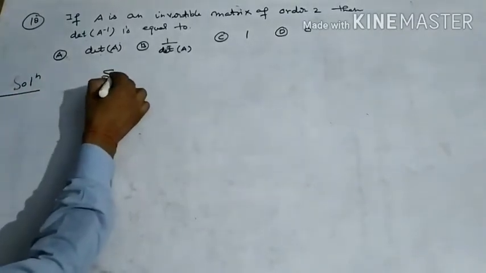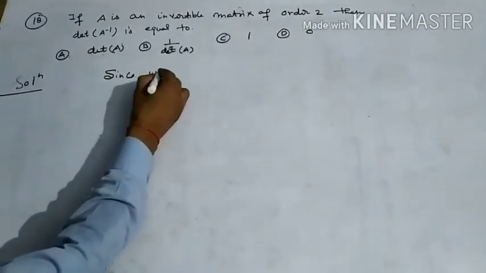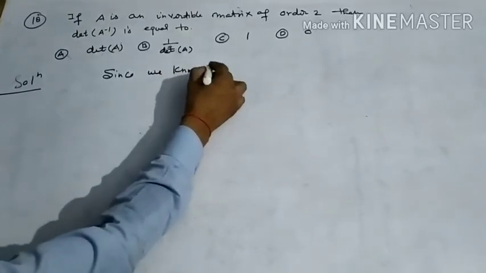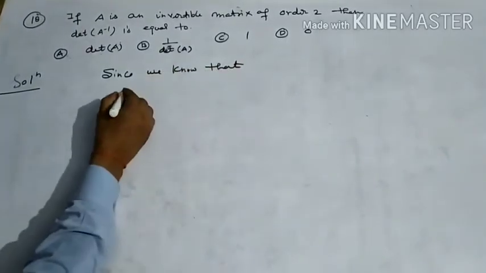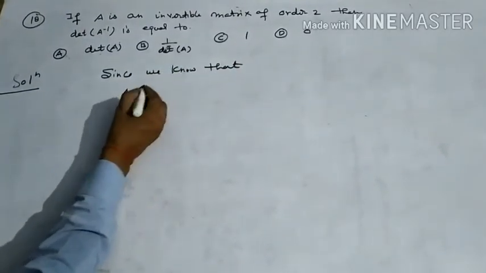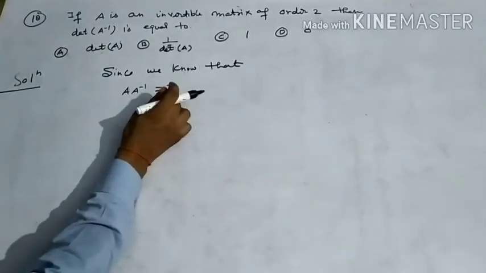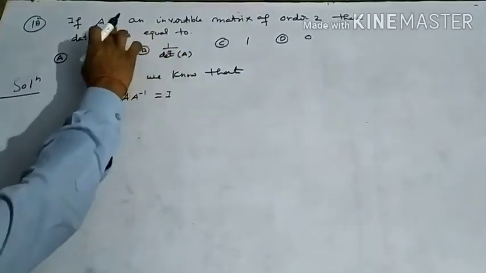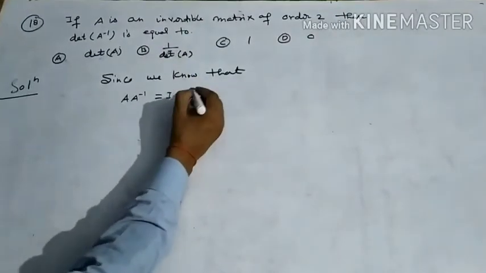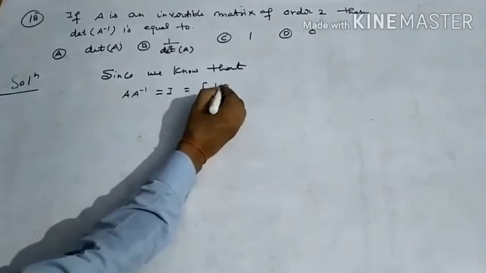Again, since we know that A into A inverse is the identity matrix. Here A is a square matrix of order 2, so this is equal to 1 0 0 1.